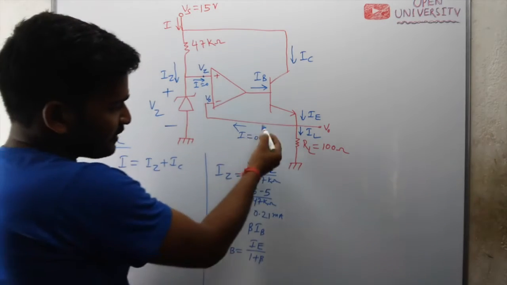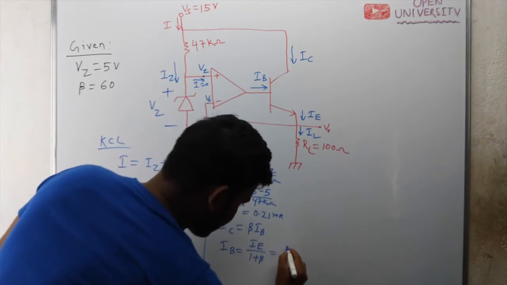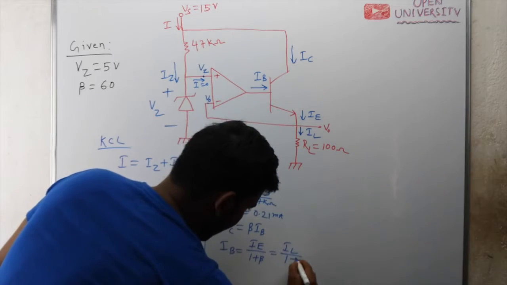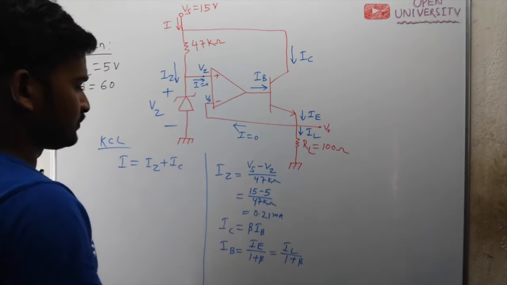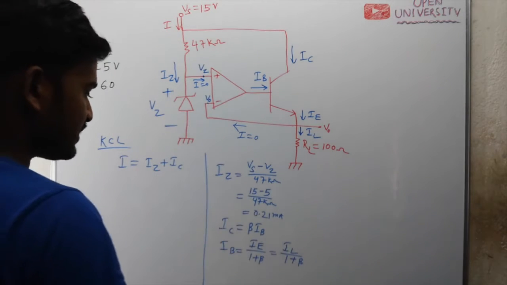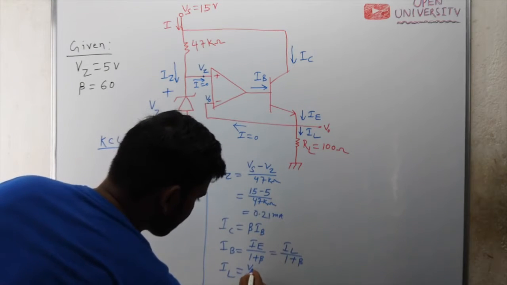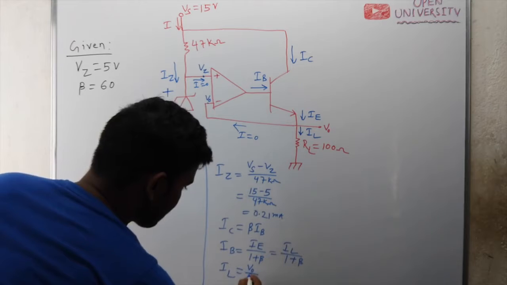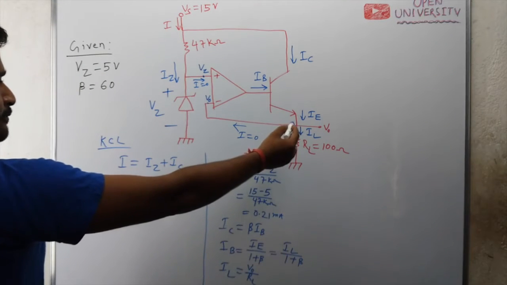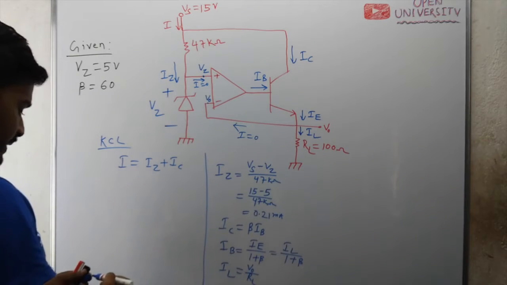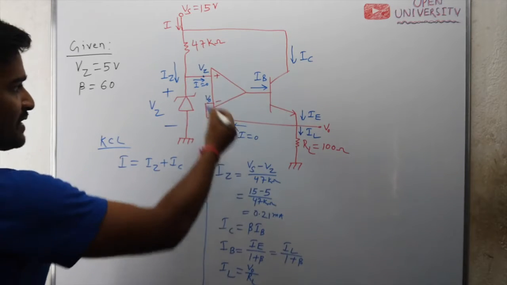Since this path current is 0, IE is the same as IL, so Ib equals IL by 1 plus beta. What is IL? IL equal to V naught divided by RL. And what is V naught? V naught equal to Vz.